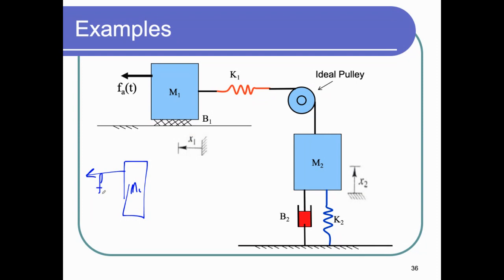So we have Fa, we have k1. What is the force due to the spring? K times x1 minus x2.